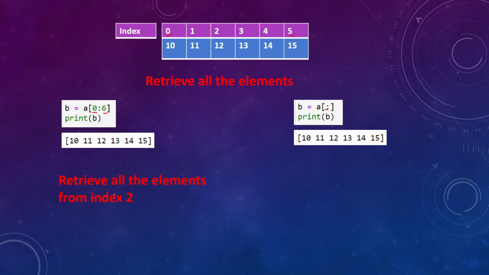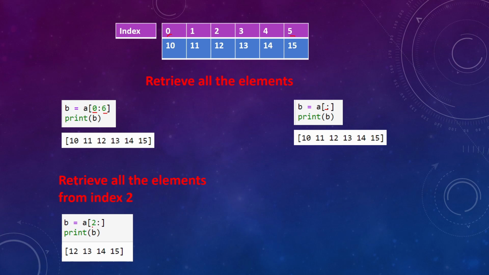Now let's see how to retrieve all the elements from index 2. Easy. Inside the square bracket we write the start index, because the start index is not 0 now. Here we are explicitly mentioning 2, but the end index is still the same; from index 2 we go towards the end, so there is no need to mention the end index and we will get the desired result.